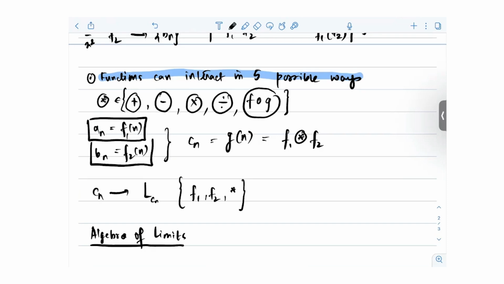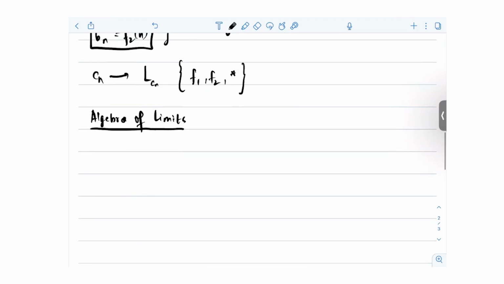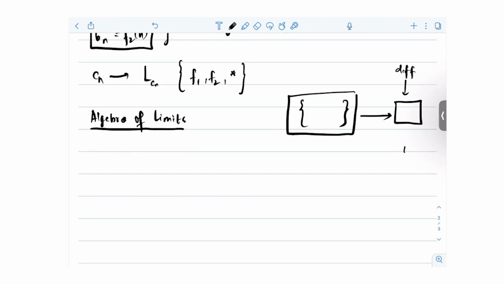Because the operation of limit is on functions, this is called operator theory in mathematics. There is a set of all functions, and on this you are applying an operator. It can be differentiation, it can be limit, it can be any other thing.